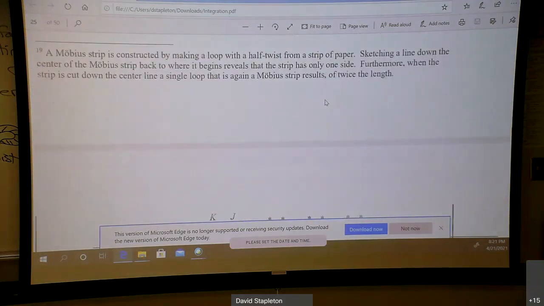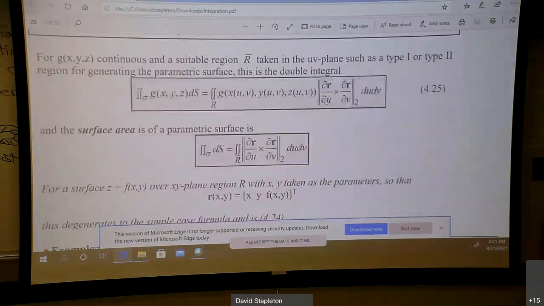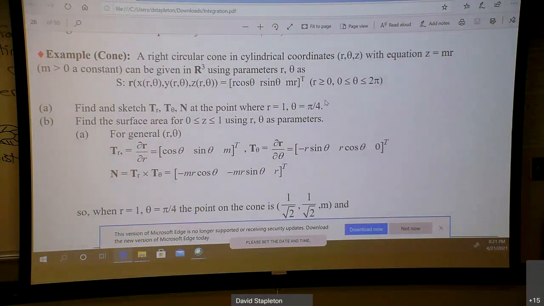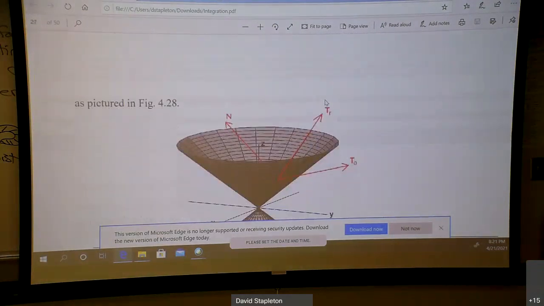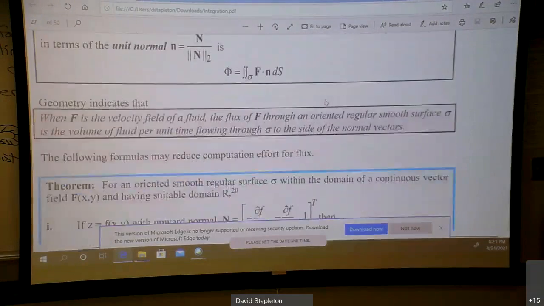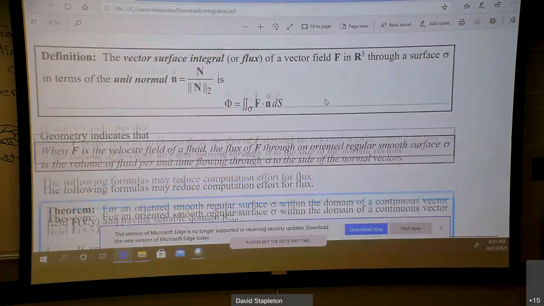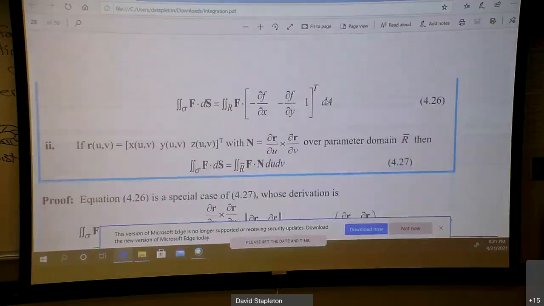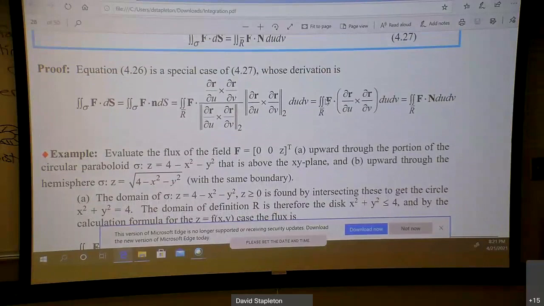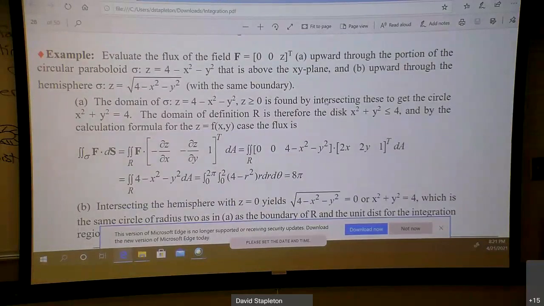And there's the unit normal. There we go. Okay.